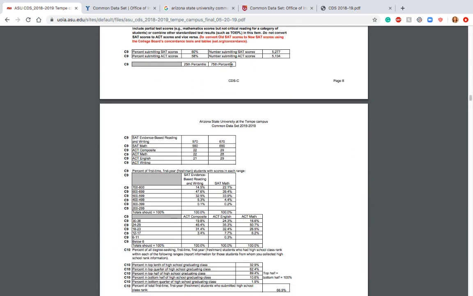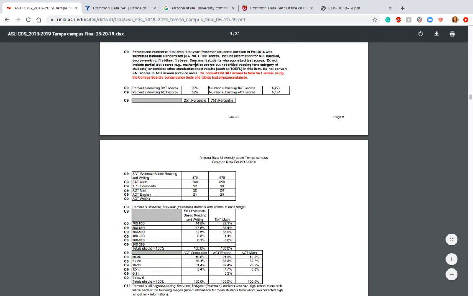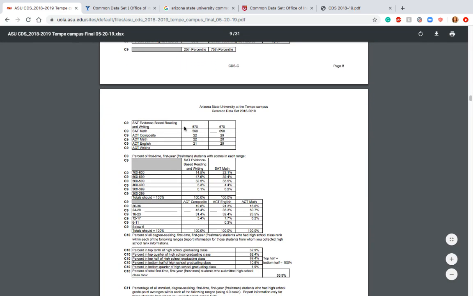Well, of those who submitted their scores, you can see here the 50th percentile, between the 25th and 75th. So 25% are lower, 25% are higher. So they're writing 570 to 670, 560 to 690.